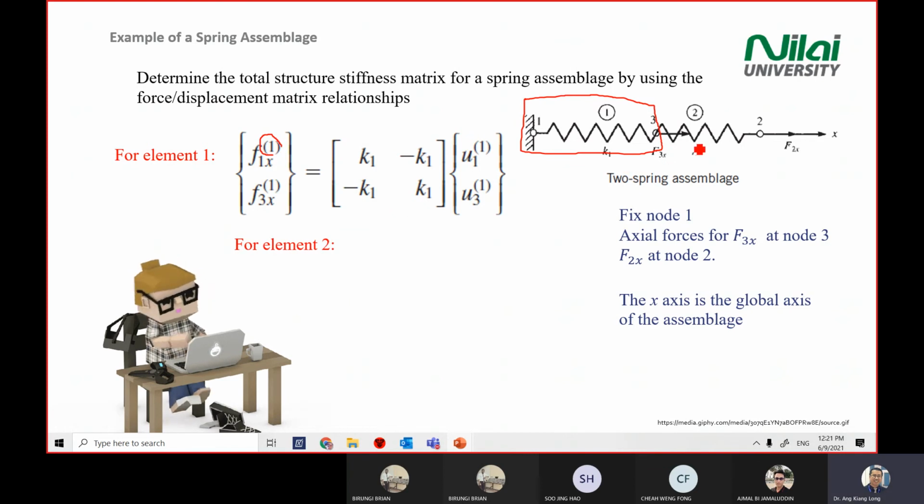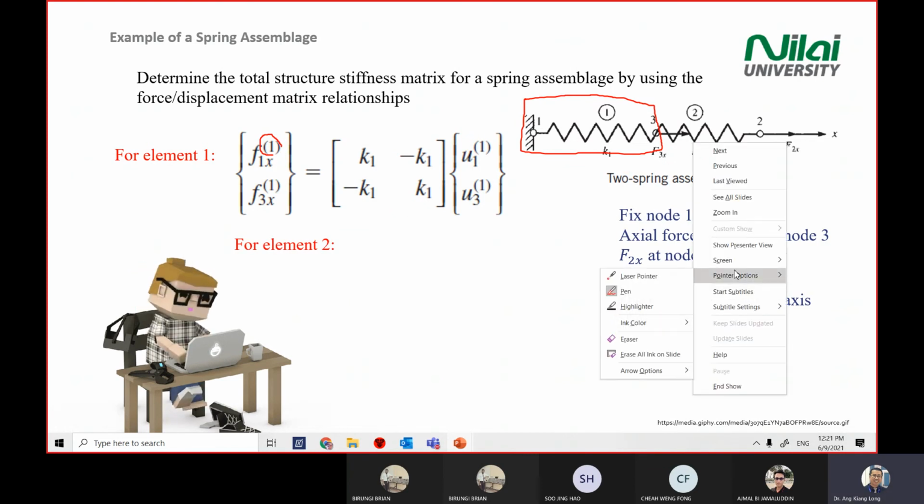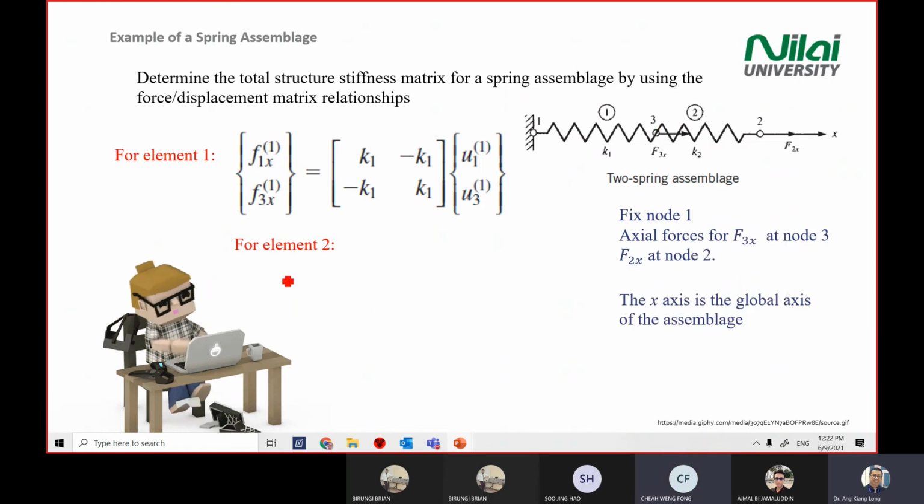okay, Chia, can you answer what is the F element here? If you're referring to 2, how do you write the element 2 F? You have 2 F there, right? Element 2 has 2 points, so you have 2 F there. The first one is F2x. You have to refer to the diagram, to the first point that you see here.